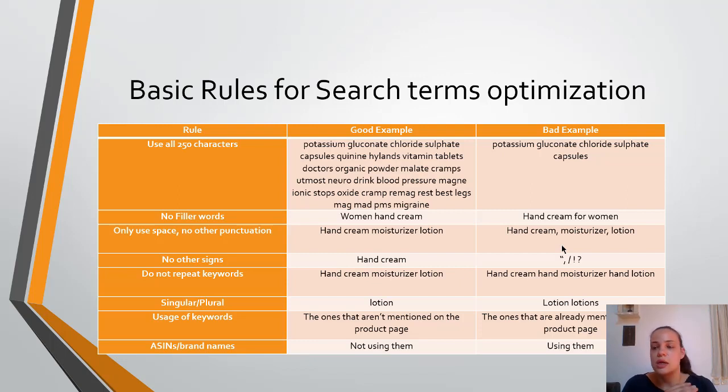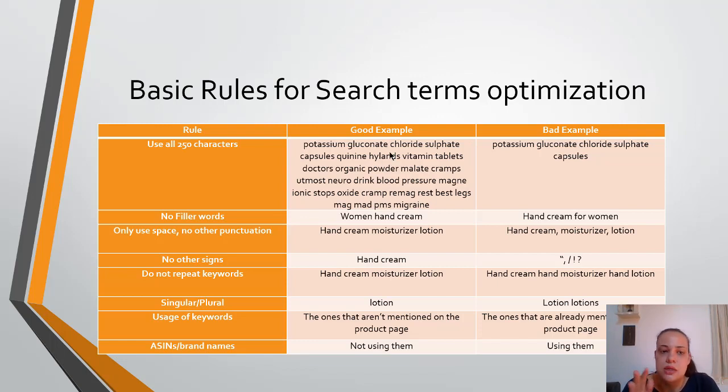You don't need any additional punctuation other than that. No other signs as well. All of these signs over here that I've written is something that you should not be using because Amazon will ignore it anyway, and it won't help you rank, and at the same time it will just consume your space. Simply just use words. Like in this example over here, this is the best way to go.